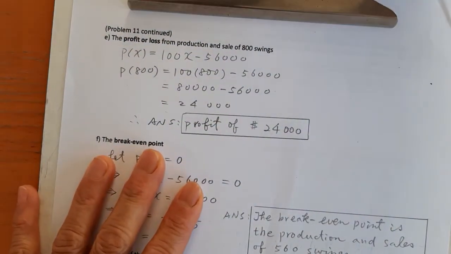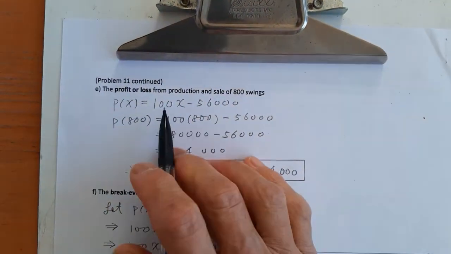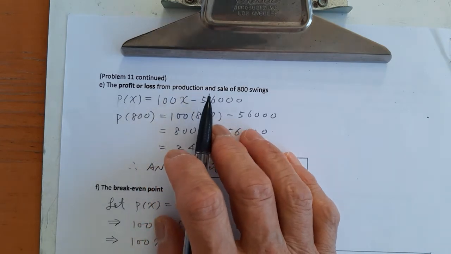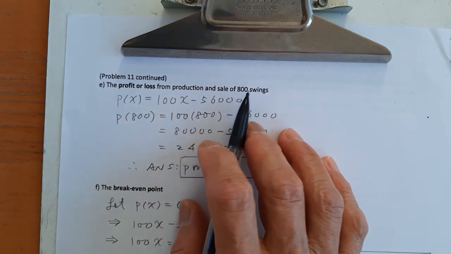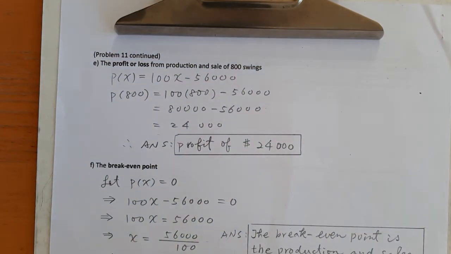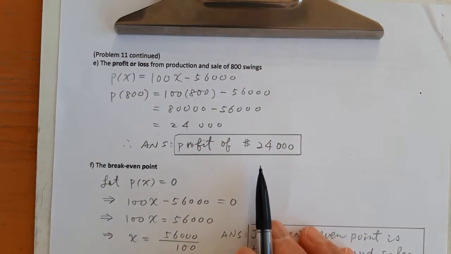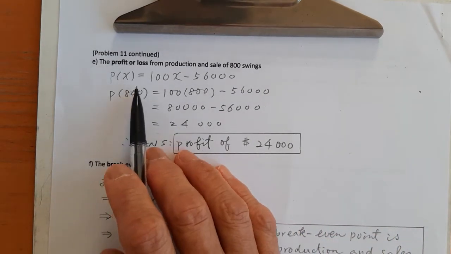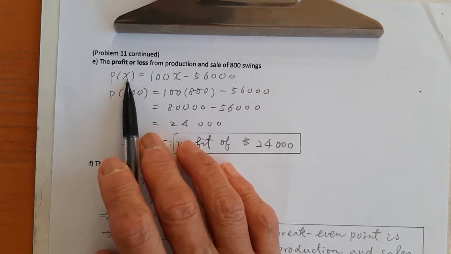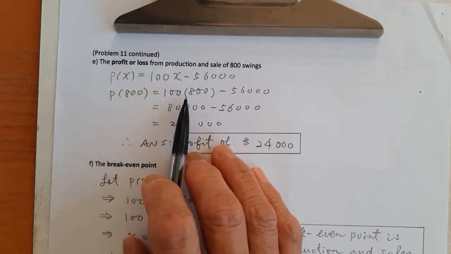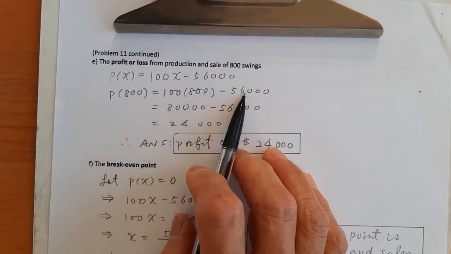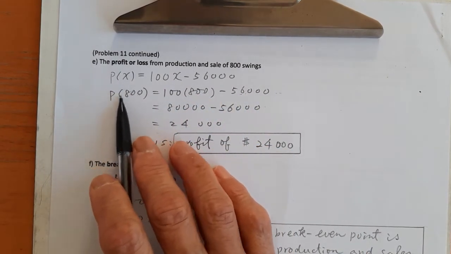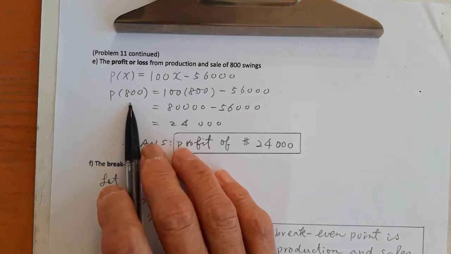Then the next one: profit or loss if you produce and sell 800 swings. Use 800 swings, plug in x. So 100 times 800 minus 56,000, plugged into the total profit function P of x.